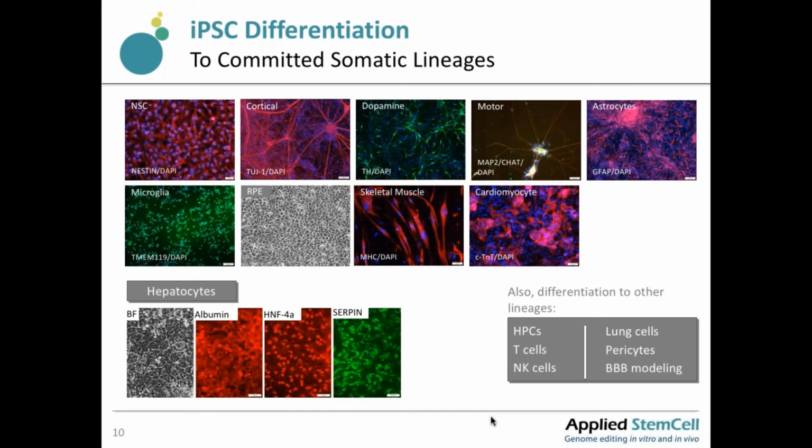And we also have products that are differentiated to hepatocytes from iPS cells. We've also done differentiation of iPS cells to blood lineage cells, including hematopoietic progenitor cells, T cells, and NK cells, and epithelial cells such as lung cells, and the blood-brain barrier modeling cell types.